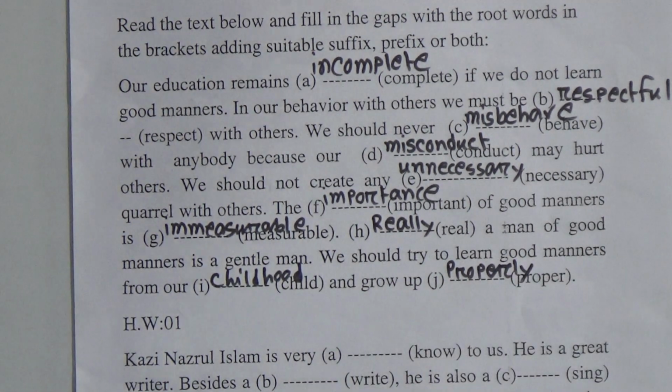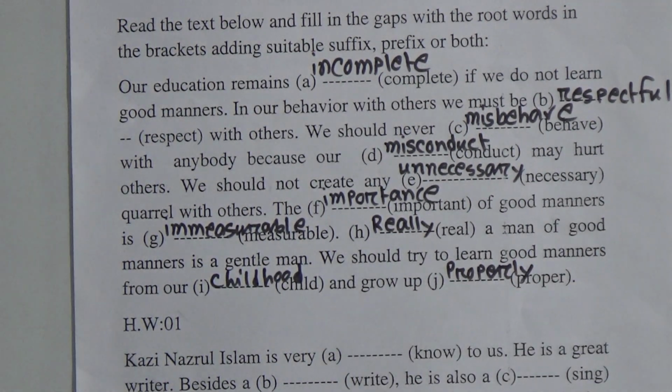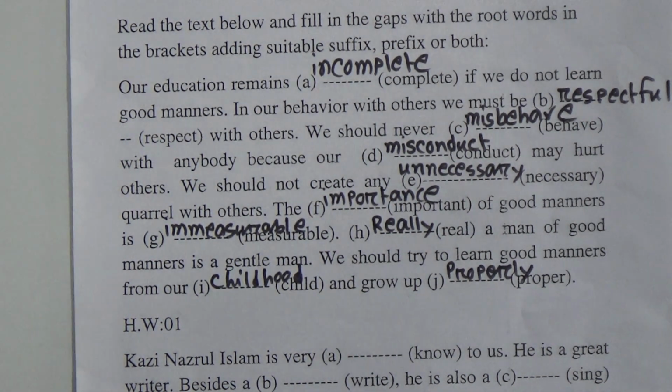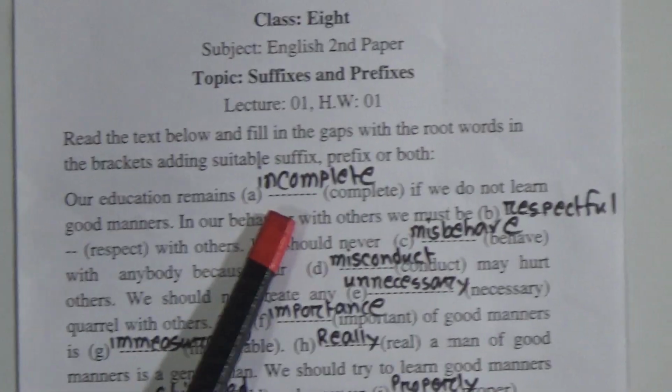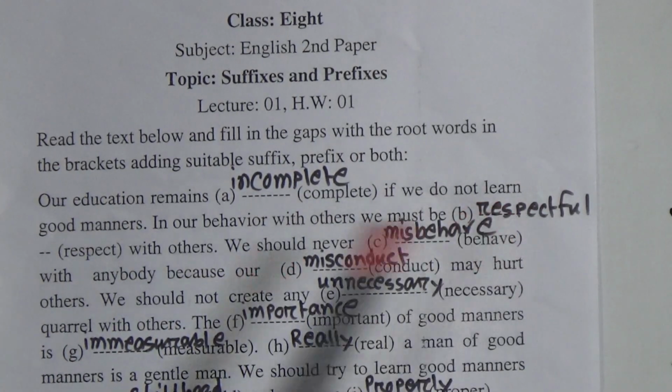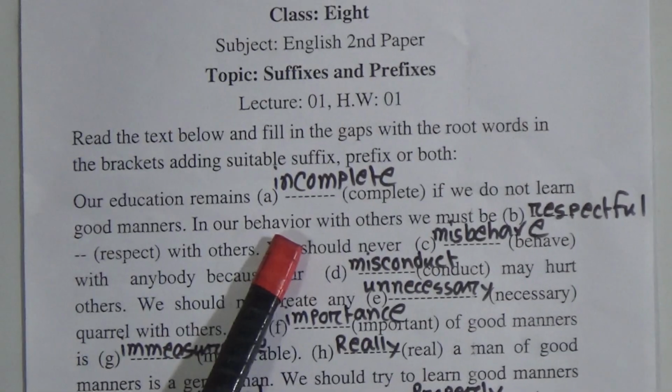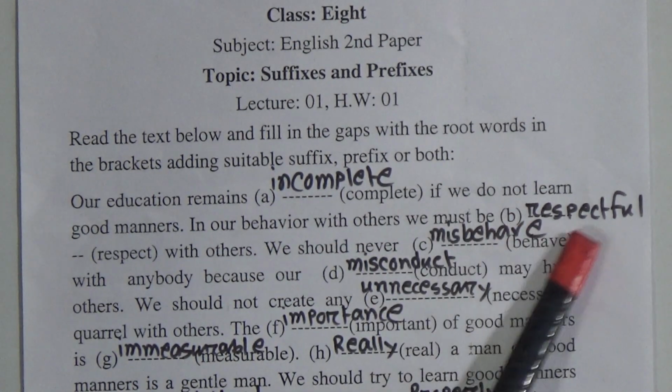Okay, I am reading the passage again with the answers. Give your close attention. Our education remains incomplete if we do not learn good manners. In our behavior with others, we must be respectful.